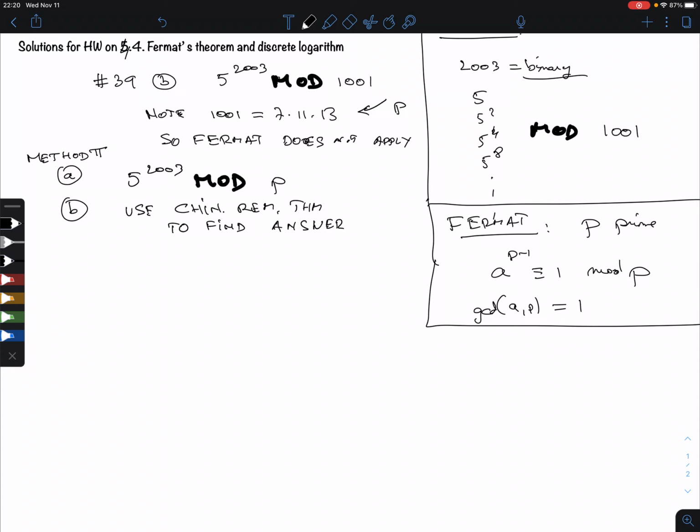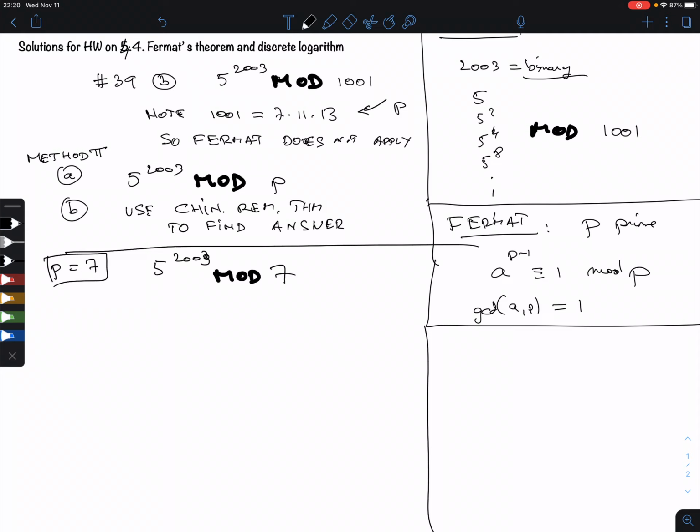Let's see how it plays out. In step A, there are 3 primes. If P is 7, what is 5 to the 2003 mod 7? Let's review how we use this if P is a prime. We're going to use Fermat's theorem, and it is perhaps a little confusing.